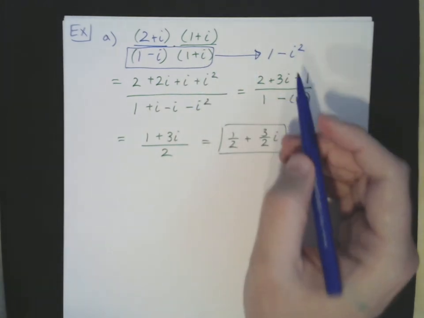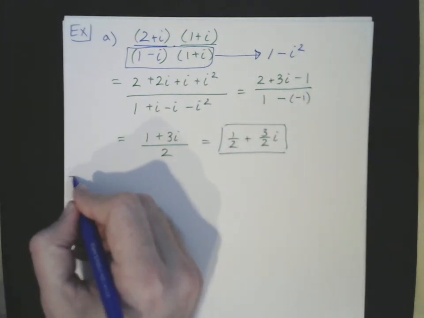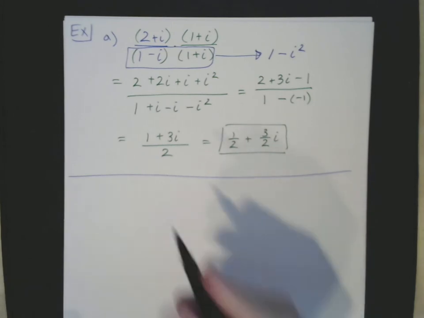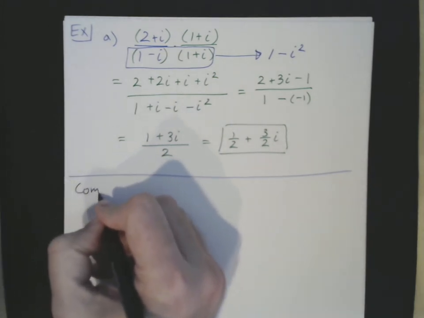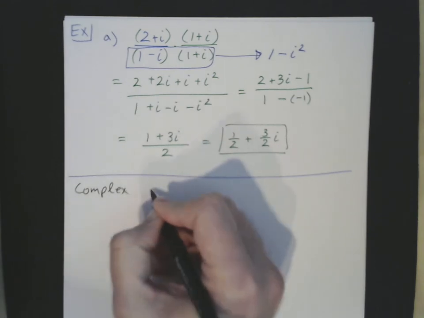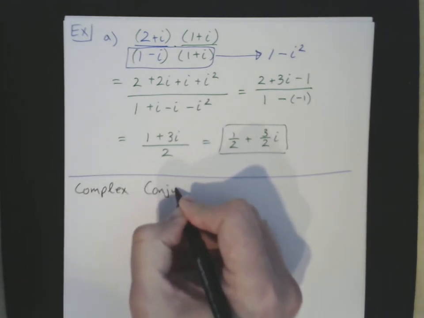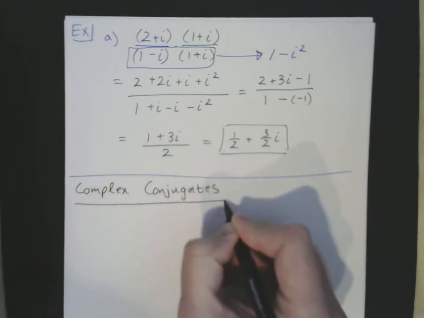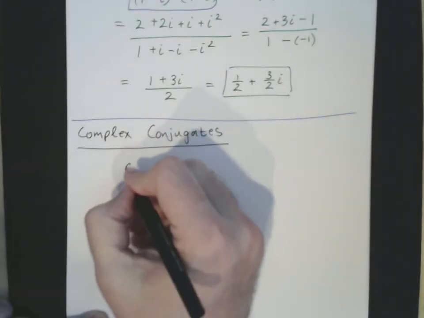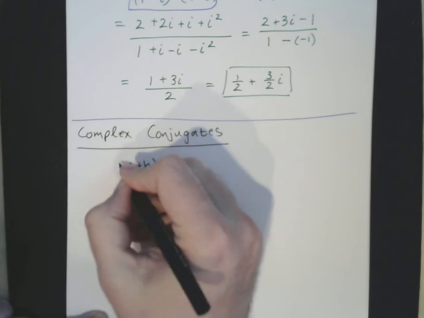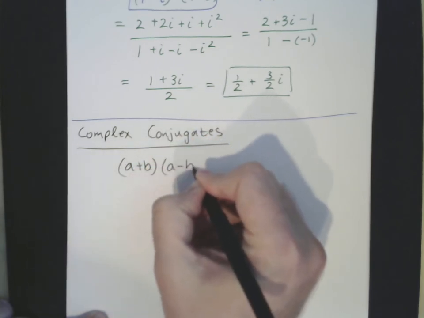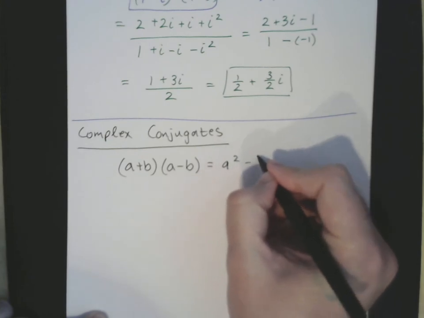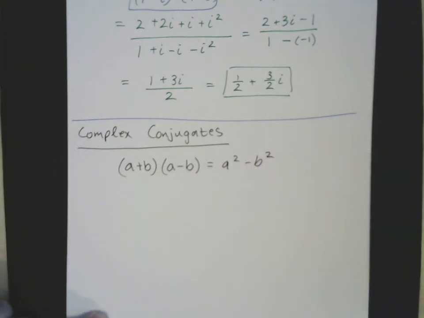Now this is the same factorization for our conjugates when we think about the general one. So complex conjugates will always work the same way. So we know a plus b times a minus b, our standard conjugate pairs, becomes a squared minus b squared. That's how we simplified our radicals before.